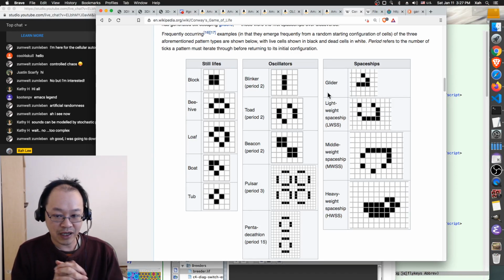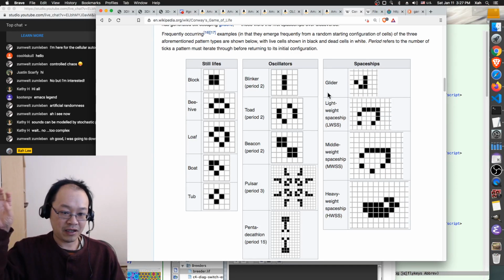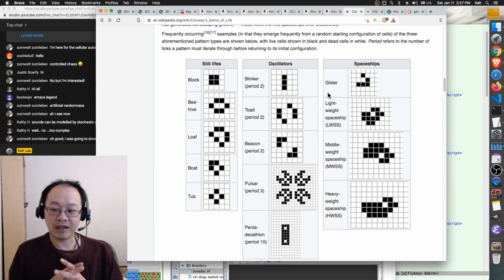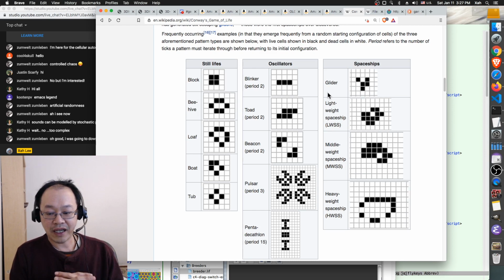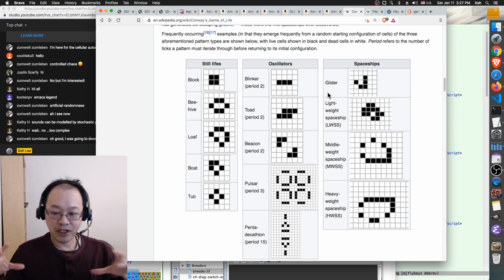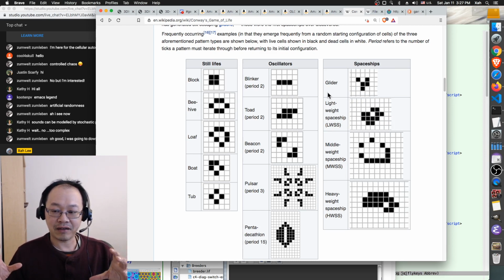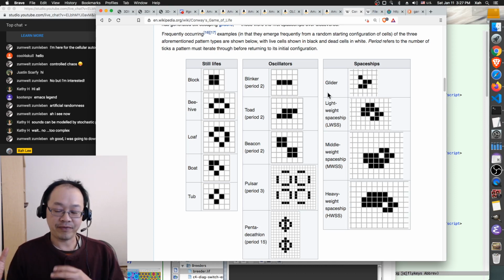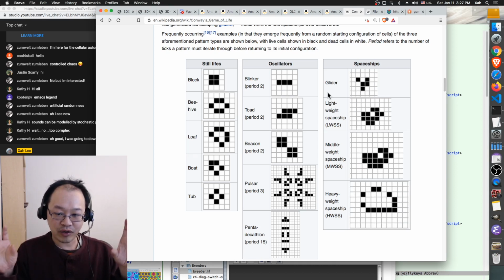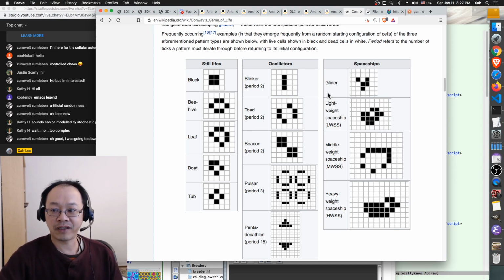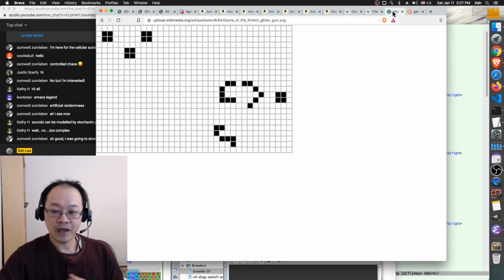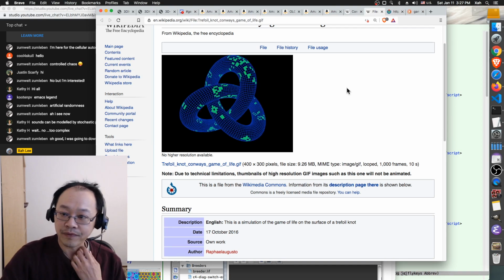Why is it called cellular automata? Because it's cells. And why automata? Because automata is a traditional term for machines that run by themselves. It's cells, and it just runs by itself. It just appears to have a life of its own.